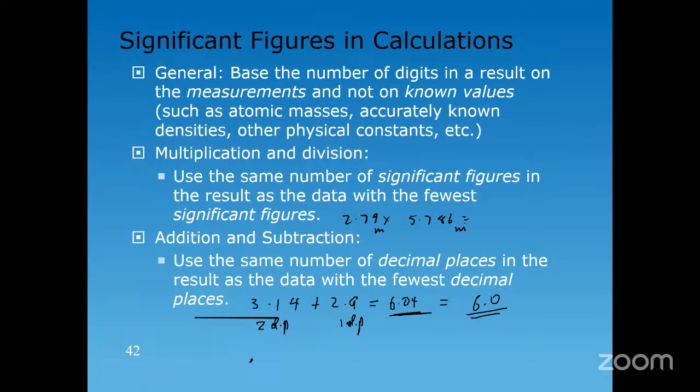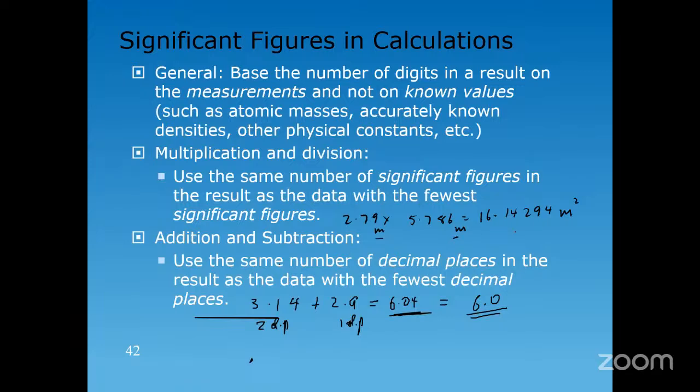So 2.79 multiplied by 5.786. When I did that on my calculator display, I got 16.14294. All right, so that's what I got when I put these into my calculator, right? And this would be in meters squared because you're multiplying meter by meter, right?